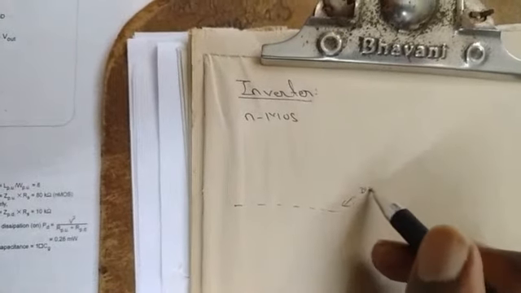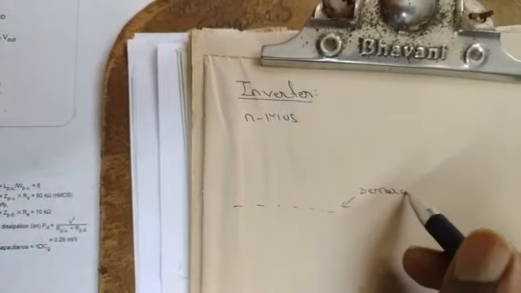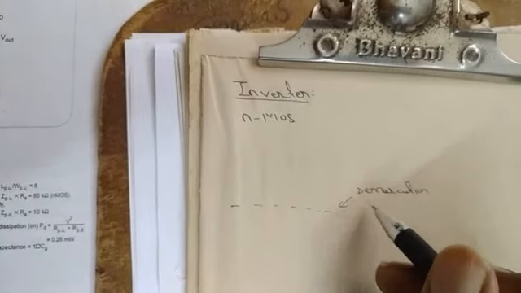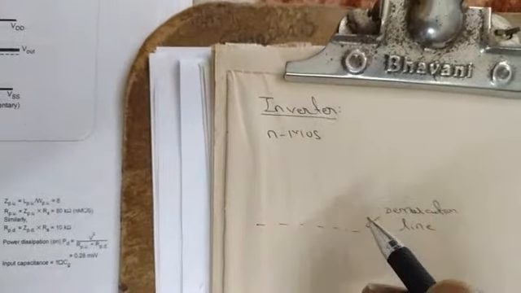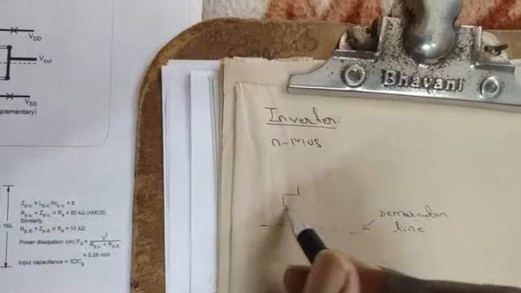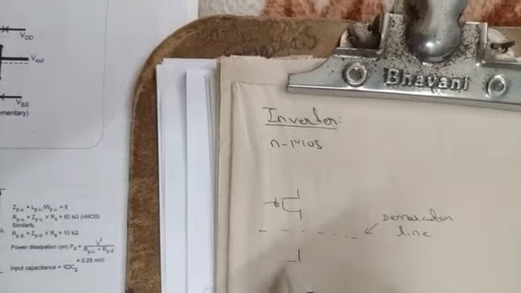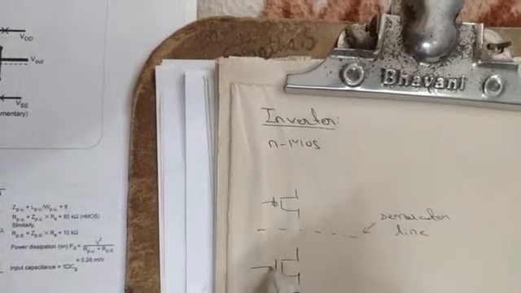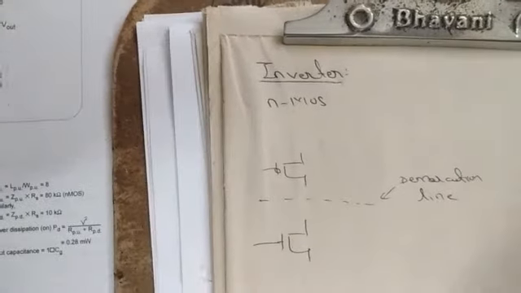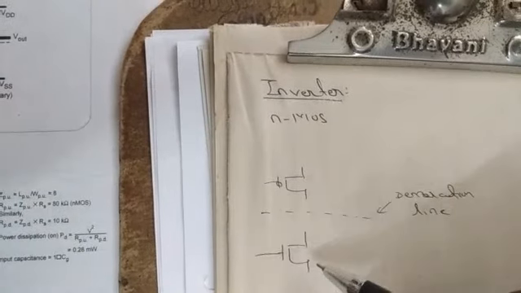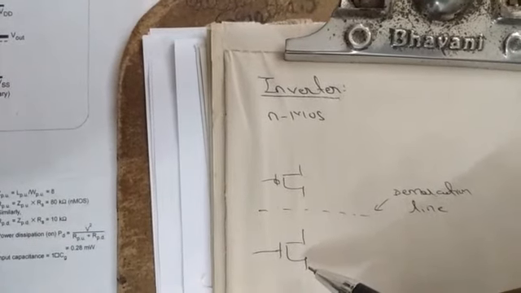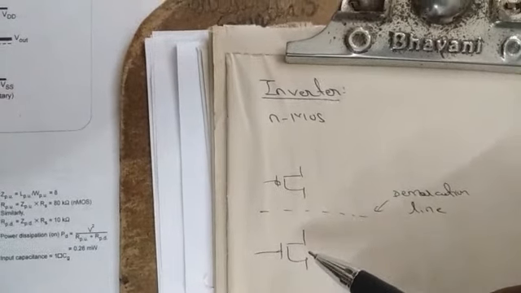This line differentiates the P structure from the N structure. The PFET should always be placed above the demarcation line, and the NFET should be placed below the demarcation line.